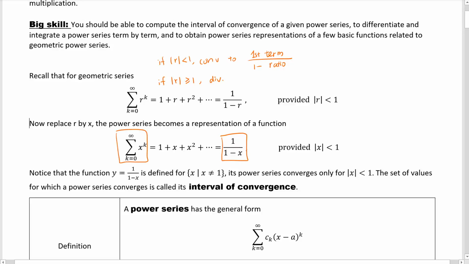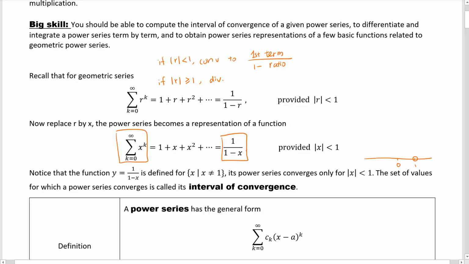Okay, so notice that the function y equals 1 over 1 minus x is defined for x not equal to 1, and its power series converges for the absolute value of x less than 1. If I draw a picture, this is 0 and this is 1.